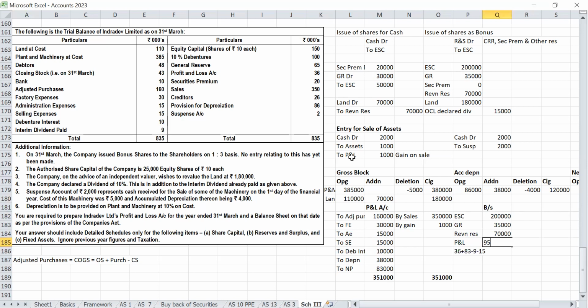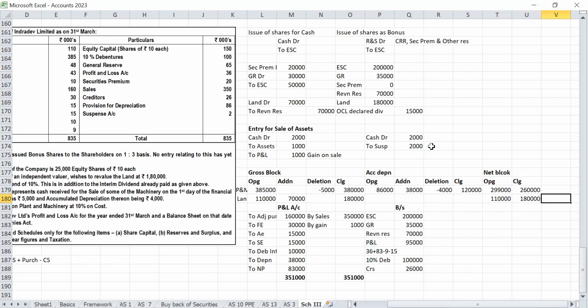So profit and loss account balance 95,000. Debenture, 10% debenture, is a liability, 1 lakh. Then creditors 26,000. Then the asset side, land and building.